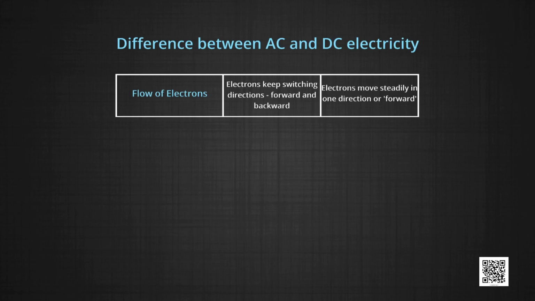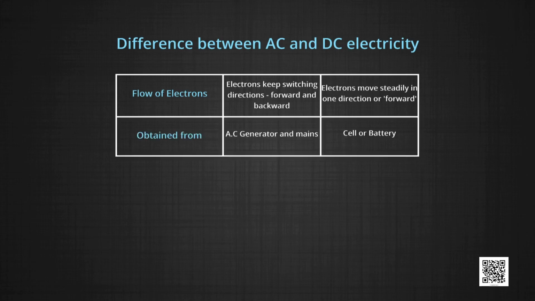The flow of electrons for AC is bidirectional, that is forward and backward, and in case of DC, it is steady or unidirectional, or only forward. If we talk about how we obtain AC, then we have an AC source, generator or mains, and in case of DC we have a cell or battery.